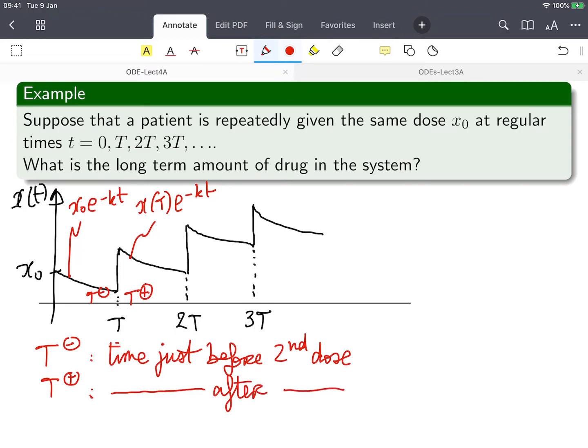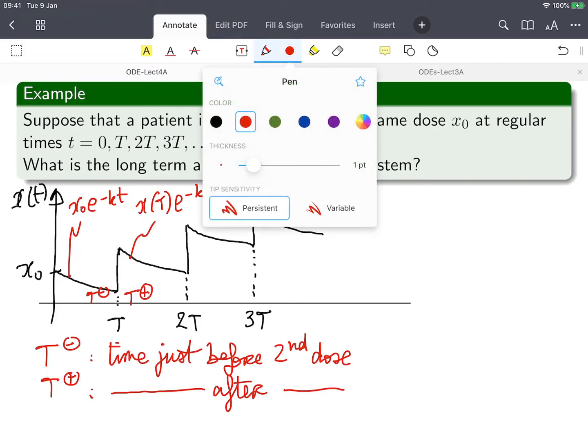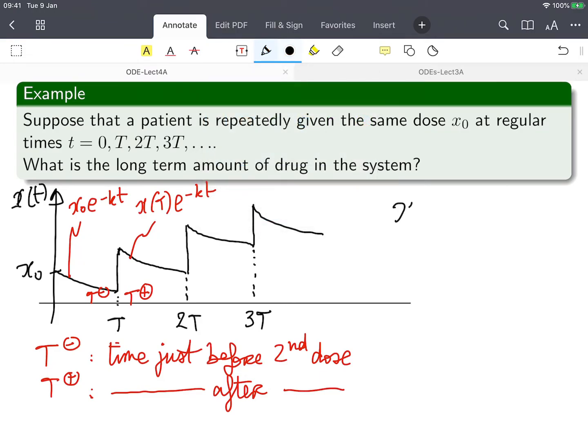So now I know what x of T minus is. x0 exponential minus kT, by capital T, that's how much time has elapsed until I get here. So that's my amount. Exponential of minus kT, that's just a number, so I'm just going to call it r.